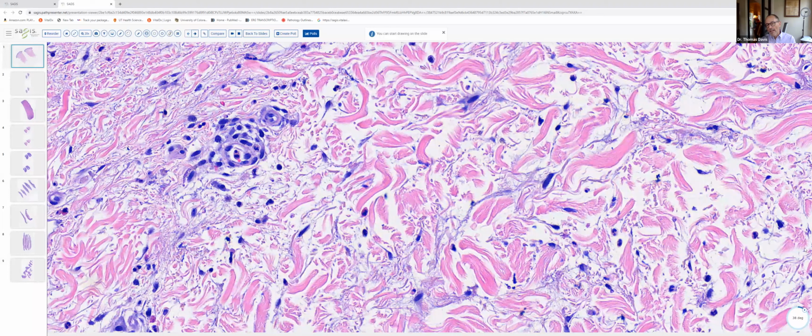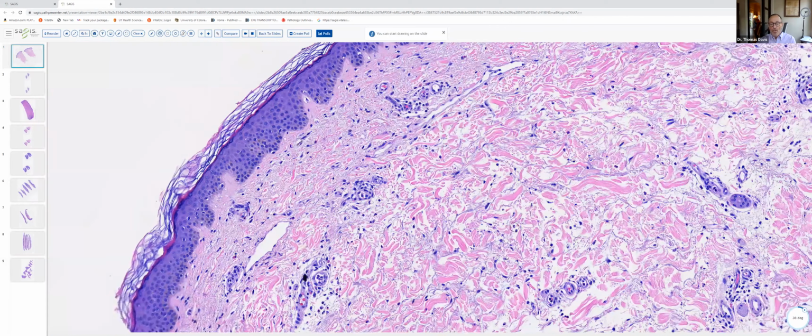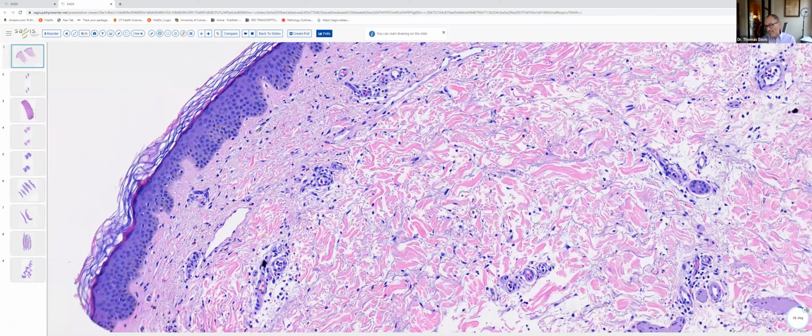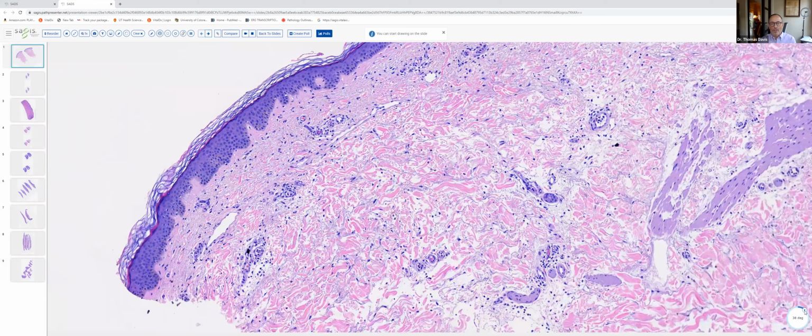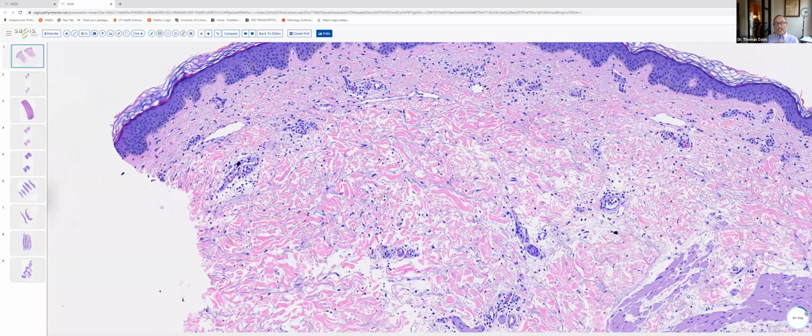The eosinophils and neutrophils are present in about equal numbers. So the presence of a perivascular and interstitial infiltrate, superficial and deep, with eosinophils and neutrophils should make you consider the diagnosis of chronic urticaria. One can get similar changes in urticarial drug eruptions.